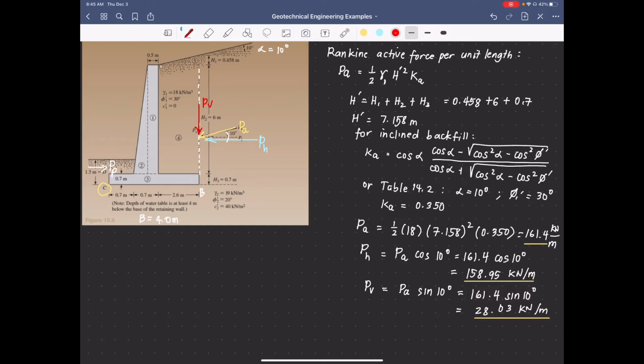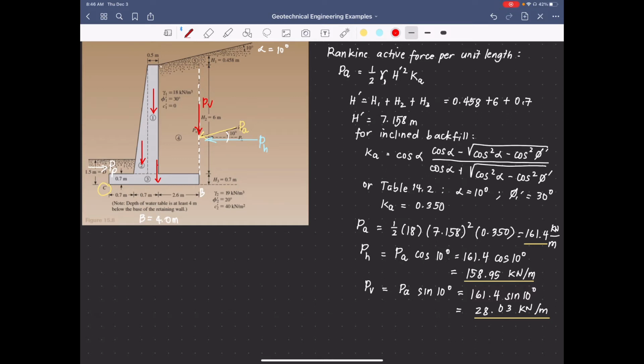It is easier for us to consider sections because we'll be needing the area. We divided the cantilever wall into 3 sections. Section 1 here is rectangular, section 2 here is triangular, and we'll have section 3 here.